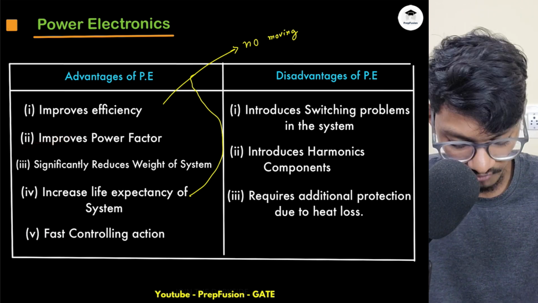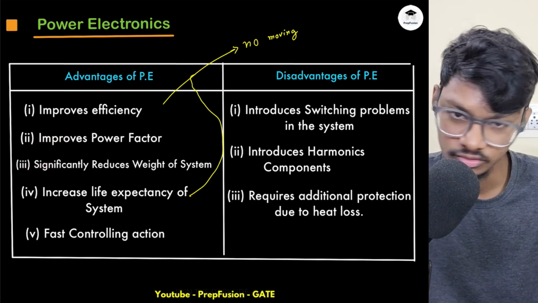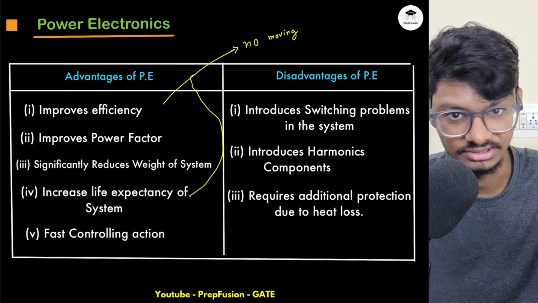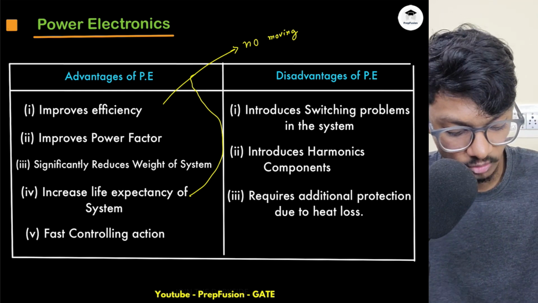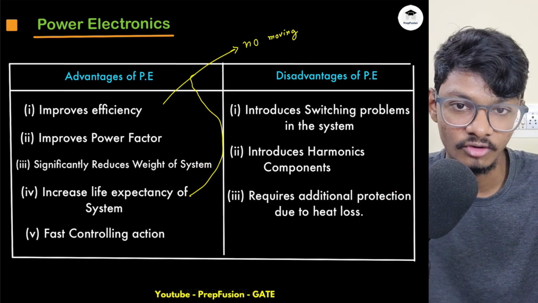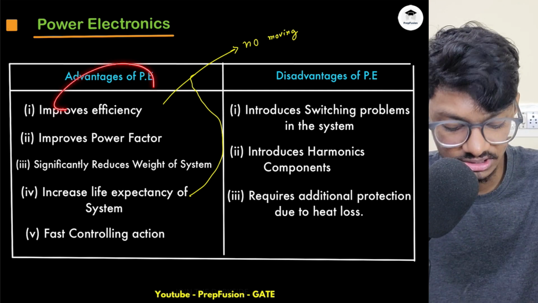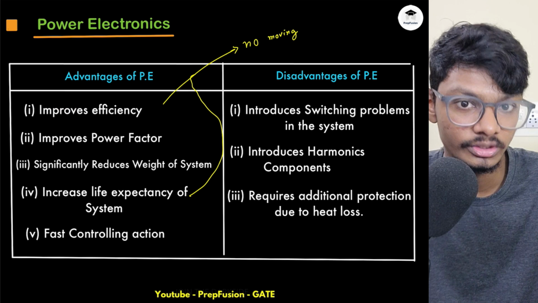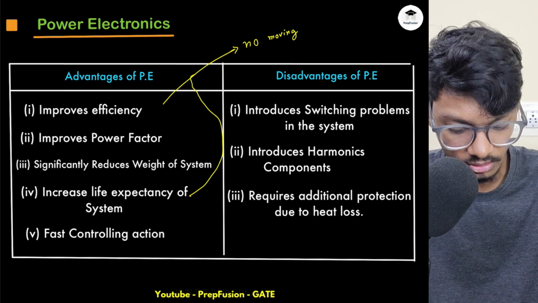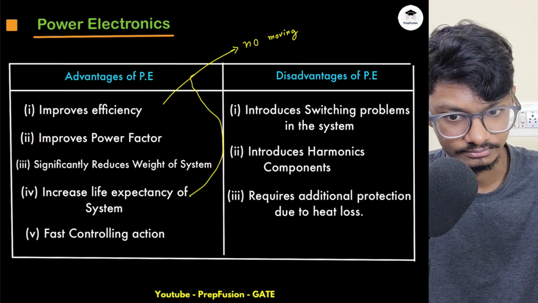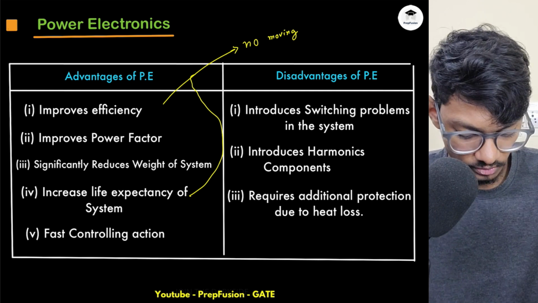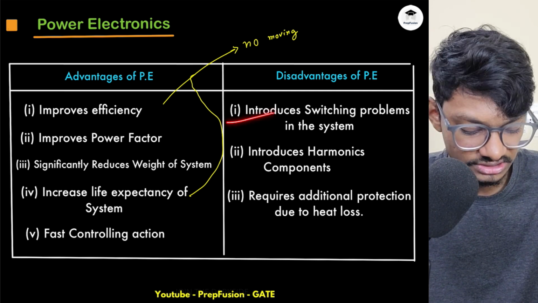How does it reduce weight? We are using semiconductor devices, which are very lightweight. All these advantages are in comparison to mechanical devices. Why don't we use mechanical devices? And how does it improve power factor? I'll say later on.